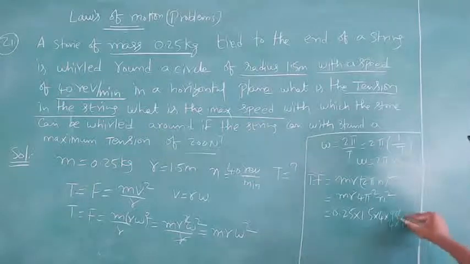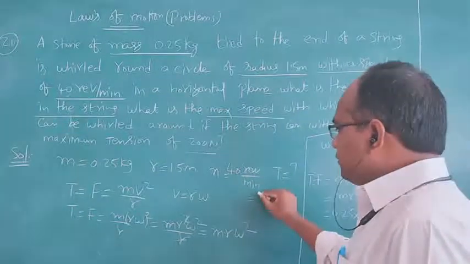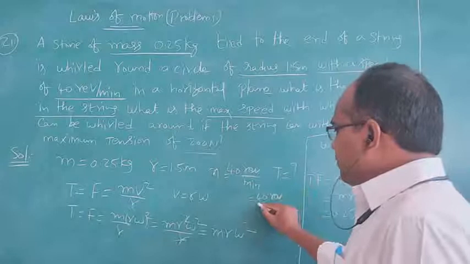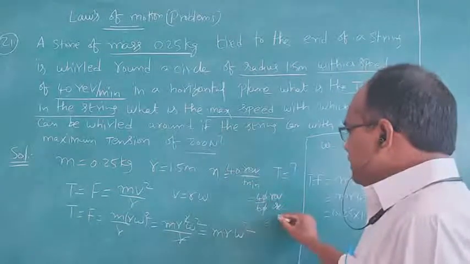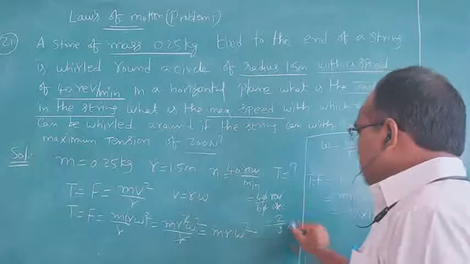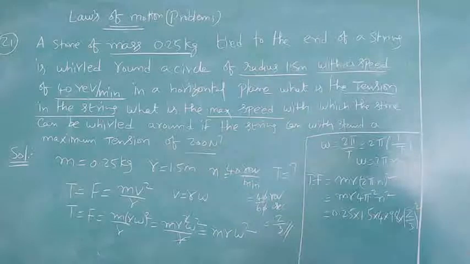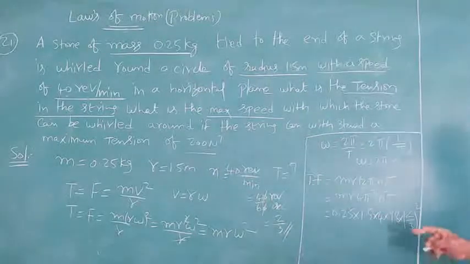Here n means what? 40 revolutions per minute. It means 40 divided by 60 seconds, since 1 minute is equal to 60 seconds. This cancels, 2 2s are, 2 3s are. So here I should write 2 by 3 whole square. By this we have to calculate the value.